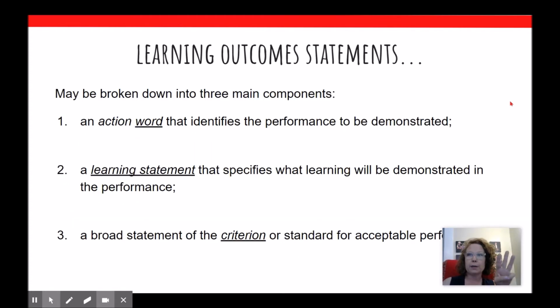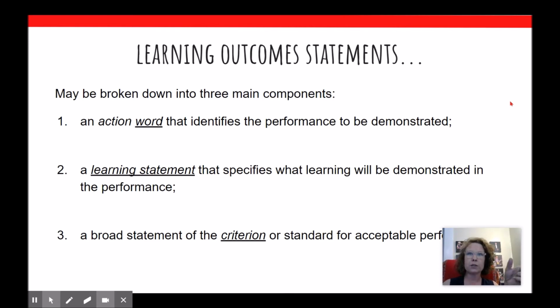They can be broken down into three main components. Your action word, it's always an action verb. It identifies the performance to be demonstrated. The learning statement actually specifies what learning will be demonstrated. And then your criteria defines what's the standard of performance that you accept and that you expect your learners to be able to demonstrate.